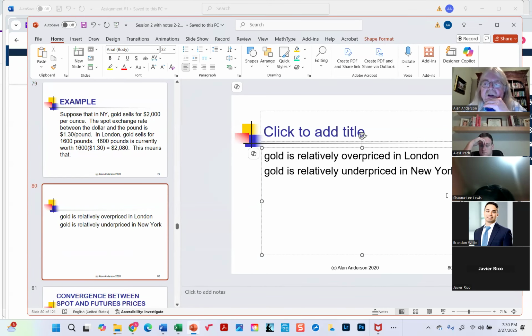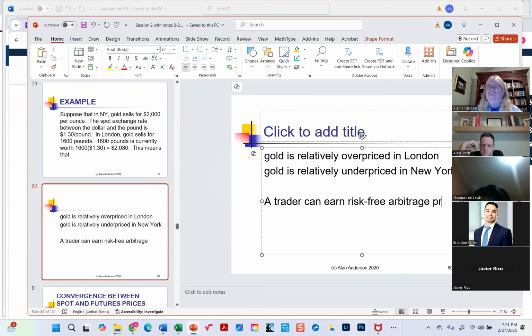Now you're a sharp observer of these markets. You watch these markets every day. You're a trader, let's say, with one of the big investment banks, and so you'll notice this and say, "Listen, a trader can earn risk-free arbitrage profits by doing what?